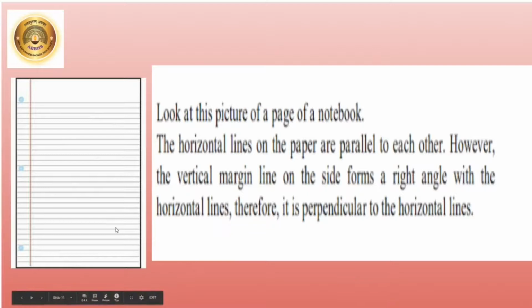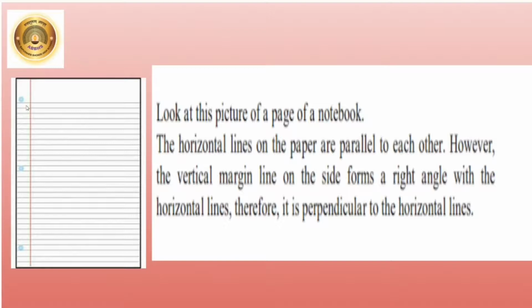Now look at this picture. This is the picture of a page of your notebook. The horizontal lines on the paper are parallel to each other. All these lines are parallel to each other. If they were not parallel, then while you were writing, the letters or the sentences would cross each other.